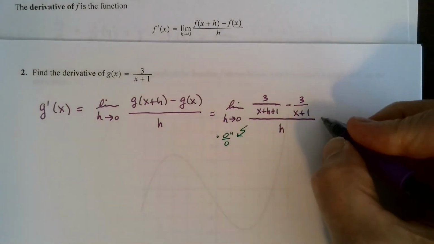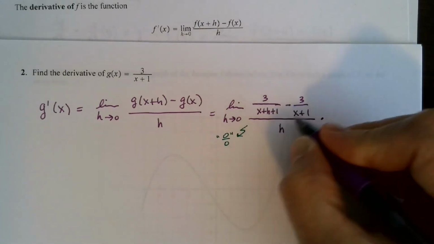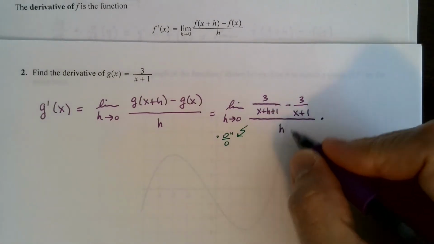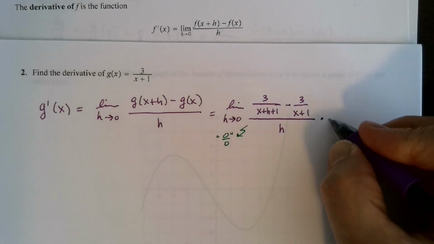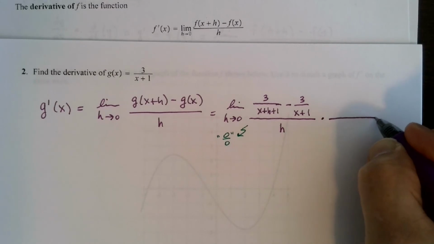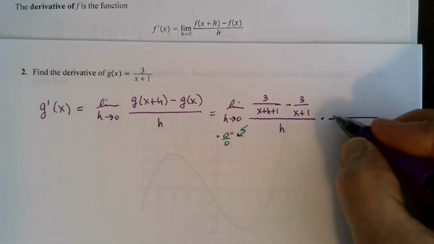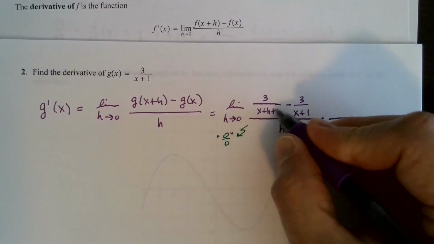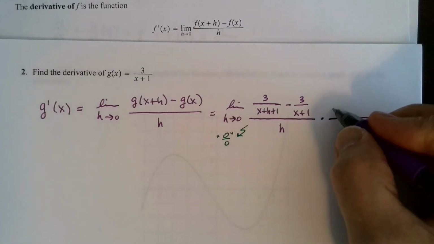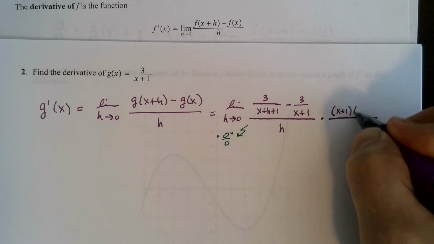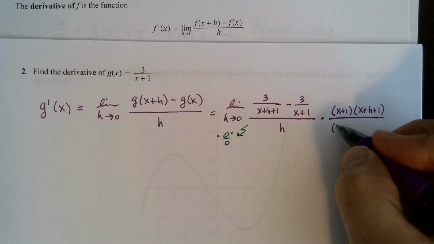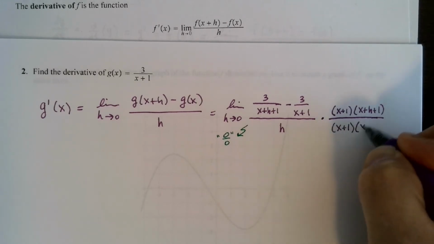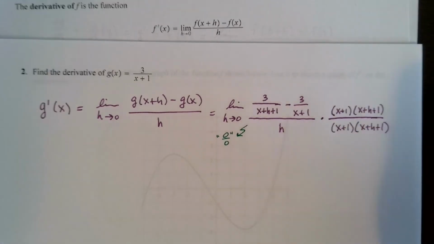The way I'm going to do it, you can combine these as one fraction and then divide by h, or multiply by 1 over h, or I'm going to multiply numerator and denominator by the least common denominator of all my smaller fractions. This denominator is x plus h plus 1, this is x plus 1, so it's just the product of those two. That is our least common denominator of all our small fractions, so I need to multiply both the numerator and denominator by that.